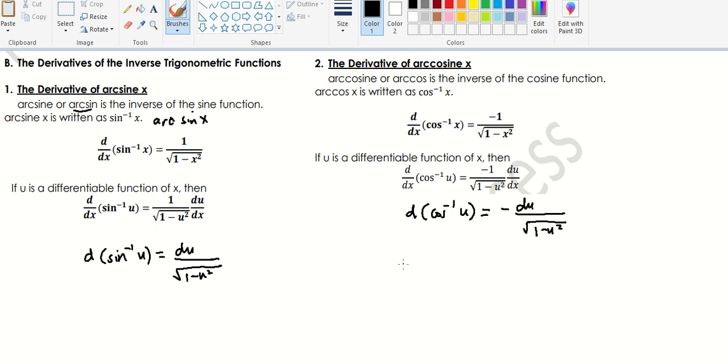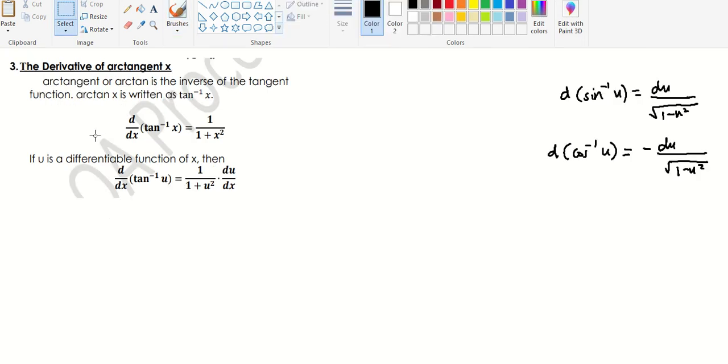Alright? So let's have the third derivative. Another derivative, so we have the derivative of arc tangent x. So arc tangent or arc tan, pero again, hindi yan binabasa as arc tan. Yan po ay symbol. Pag binasa natin yan, that is arc tangent, is the inverse of the tangent function. So arc tangent x is written as tan raised to negative 1 x. Pero again, binabasa natin yan as arc tangent x.